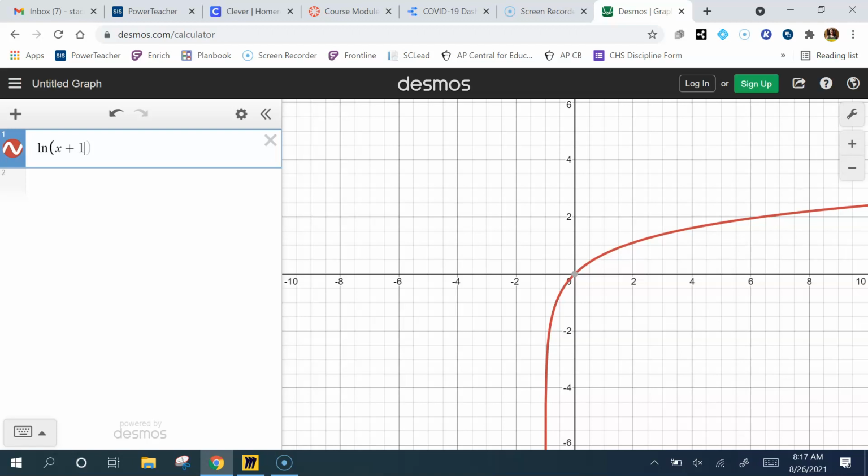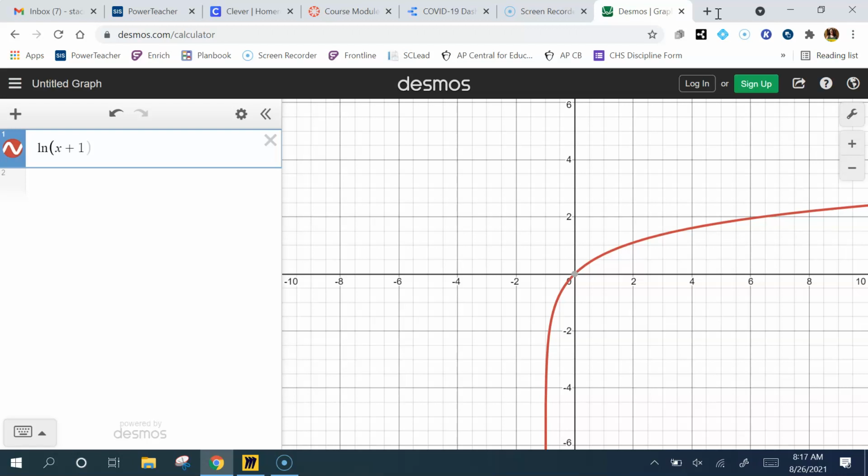But y'all put it in parentheses there? Oh, it doesn't matter on Desmos. There is a vertical asymptote at -1.